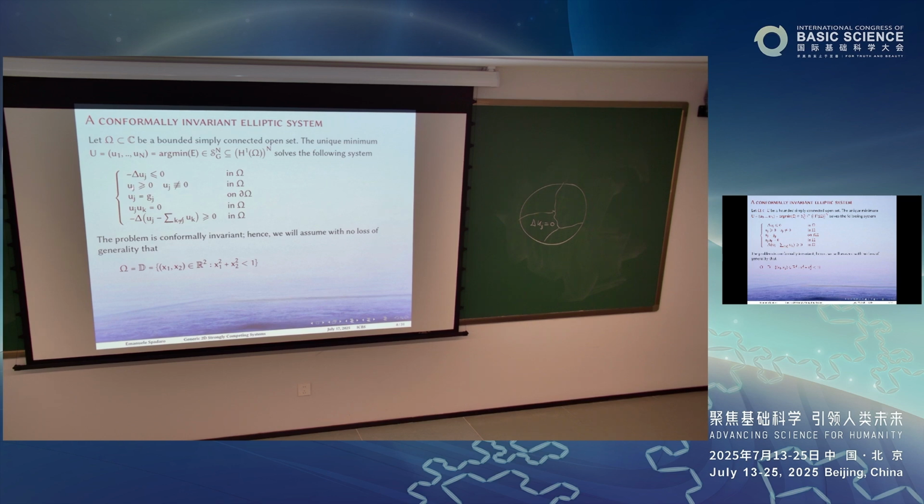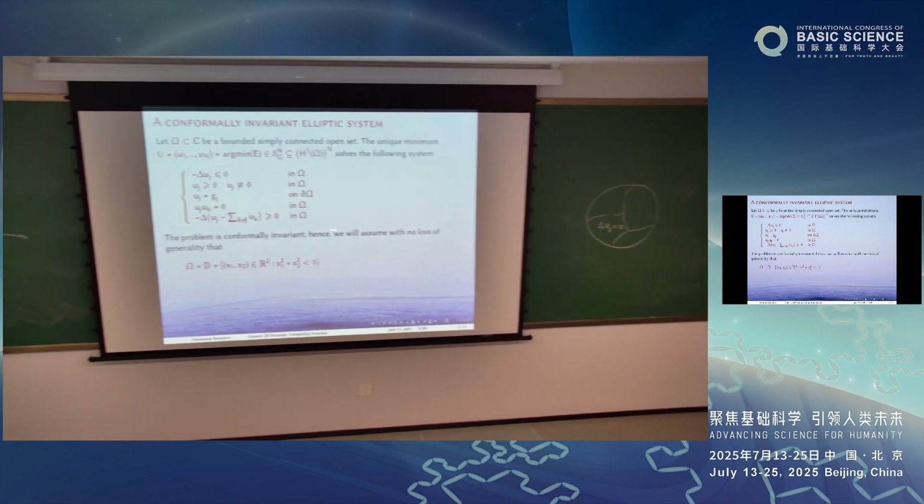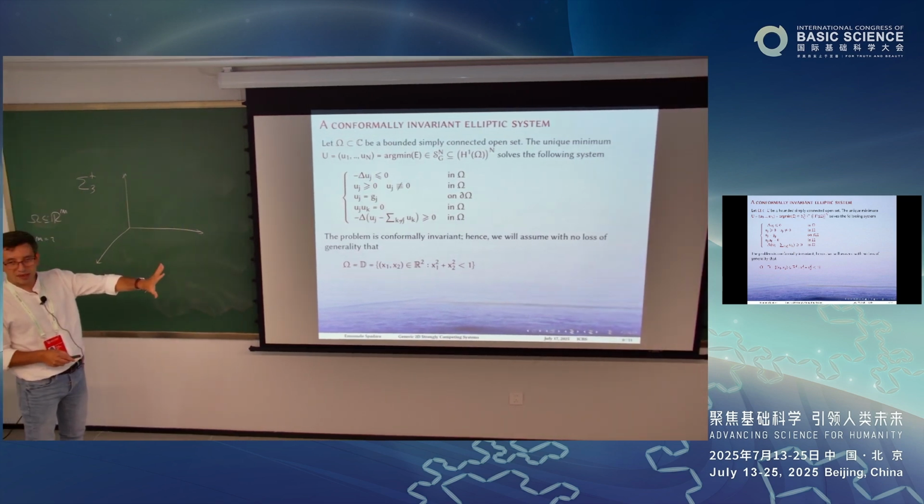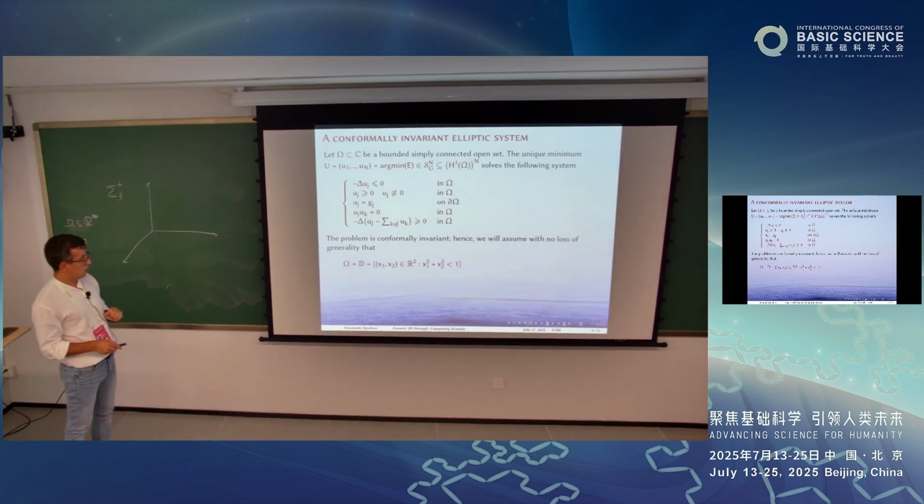On the whole, it's just subharmonic. So this problem is clearly conformally invariant. So from now on, let me assume our domain is the disk in the complex plane, or in R2.